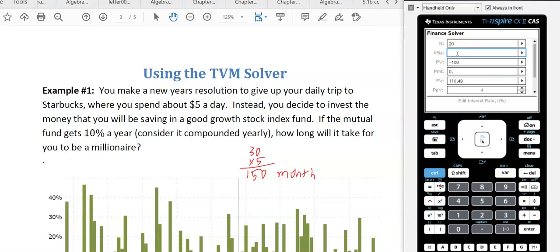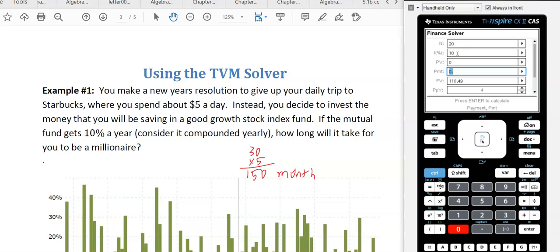So again, I always start with interest rate. In this case, we're going to say 9, just to be a little bit more conservative than 10%. Actually, you know what? The problem says 10, so in this case, I'm going to make it 10. We can adjust later. Present value, we are starting with 0 in the bank. There's nothing in the bank to start with.